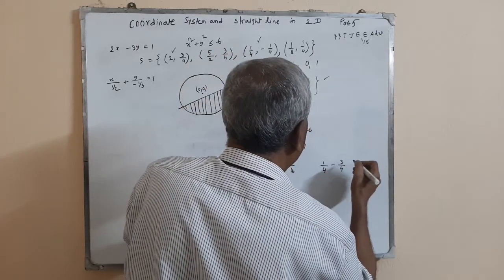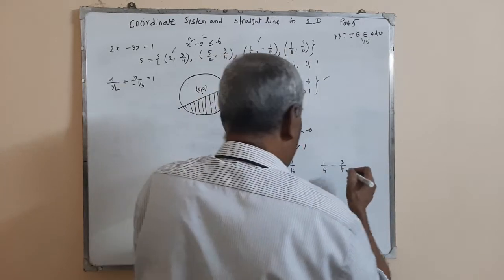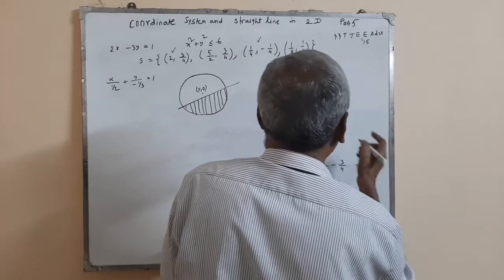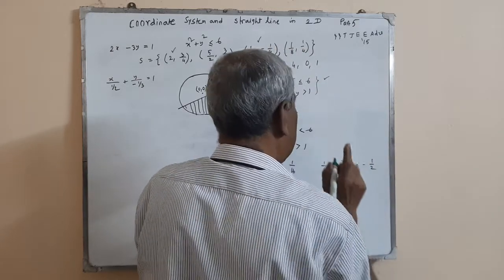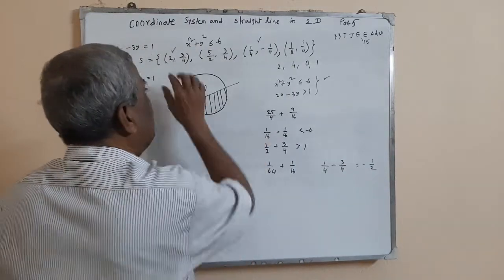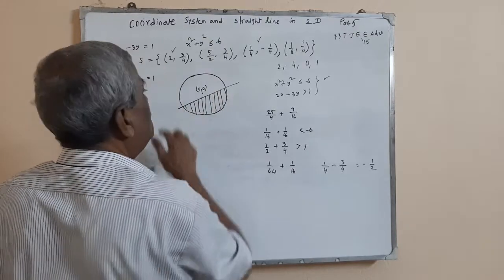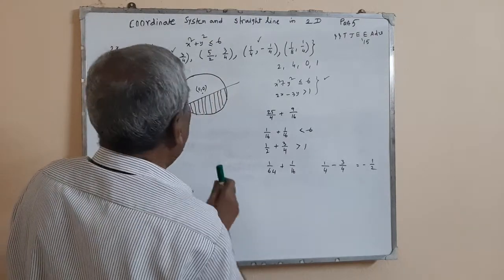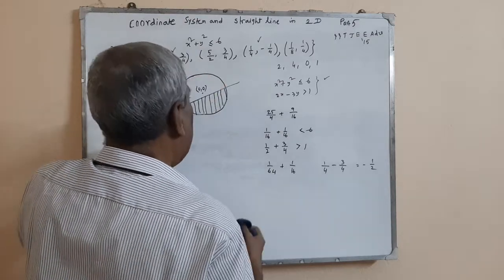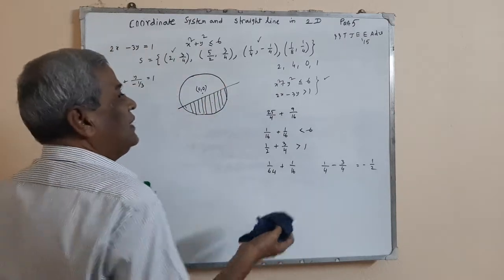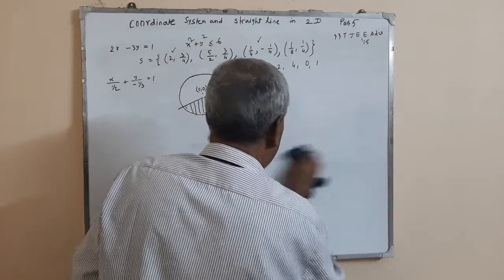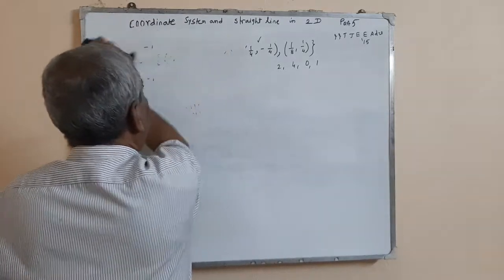So it is actually equal to minus half, not greater than 1. So it is not satisfying. So we get 2 points which satisfy it, number 1, this and that. So the option is 2. Two points are on S which are within the smaller part of the circular region. Okay.